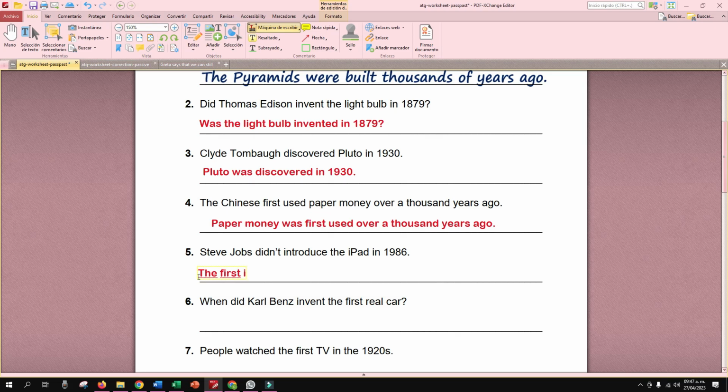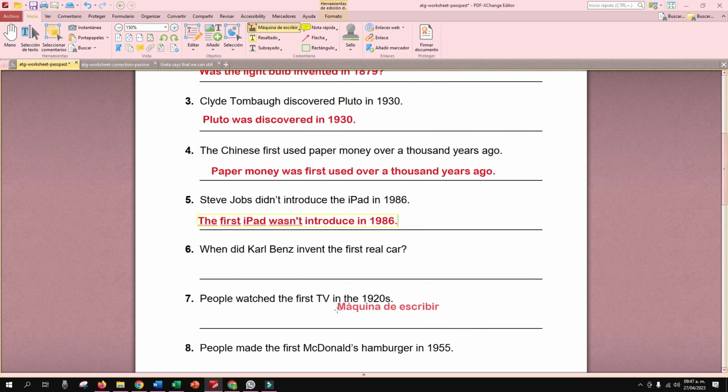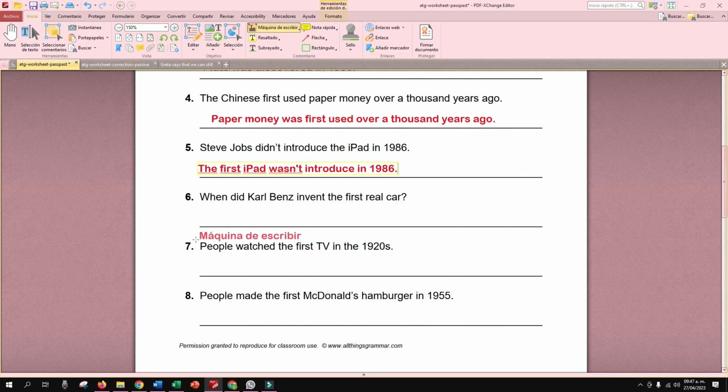The iPad wasn't introduced in 1986. Excellent, very good, Edwin. That's great. So the first iPad, or the iPad, wasn't introduced in 1986.